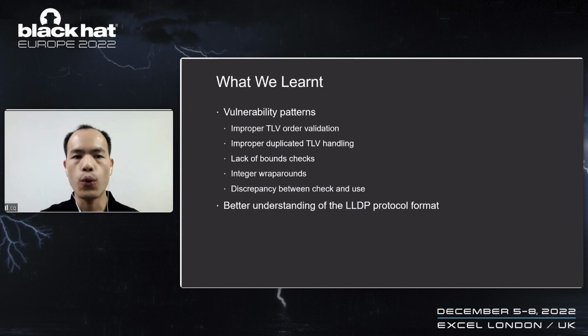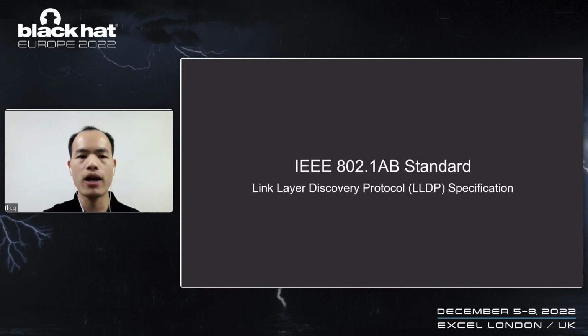During this stage, we learned some new vulnerability patterns related to LLDP packet parsing. Also, we get a better understanding of the LLDP protocol format. At the end of this part, we will give a glimpse of the IEEE standard 802.1AB and see how these vulnerabilities violate it.